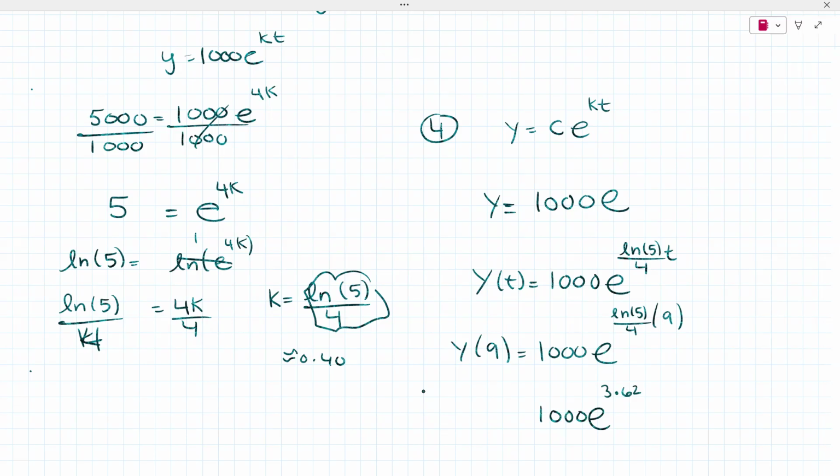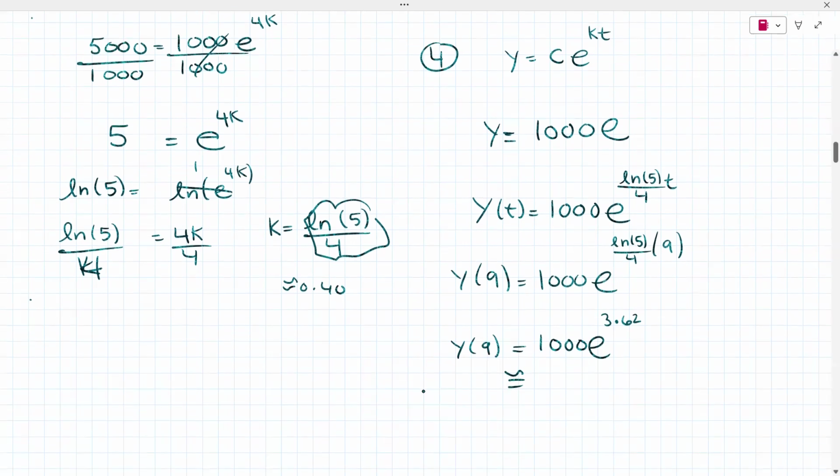Okay, and put that in the calculator, and you get 37,337.57. Okay. If you want the exact value, it would be this.